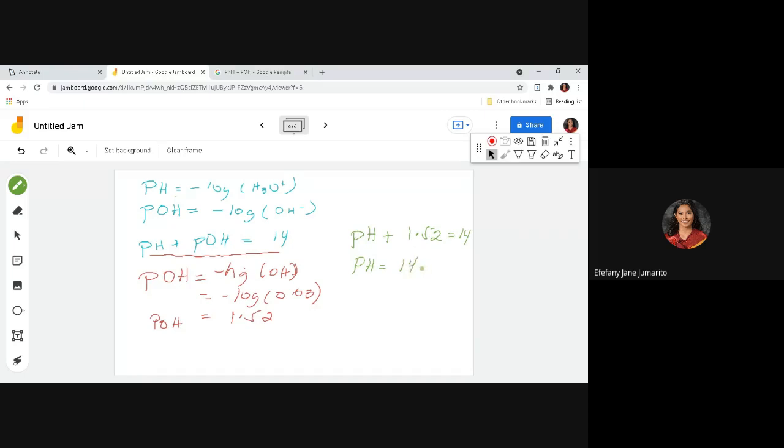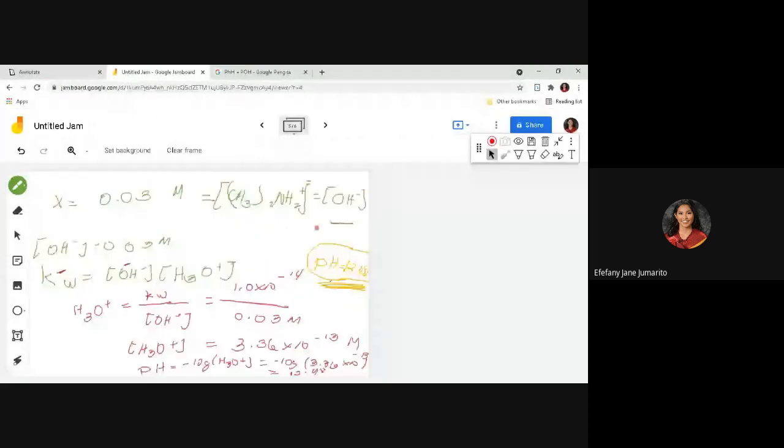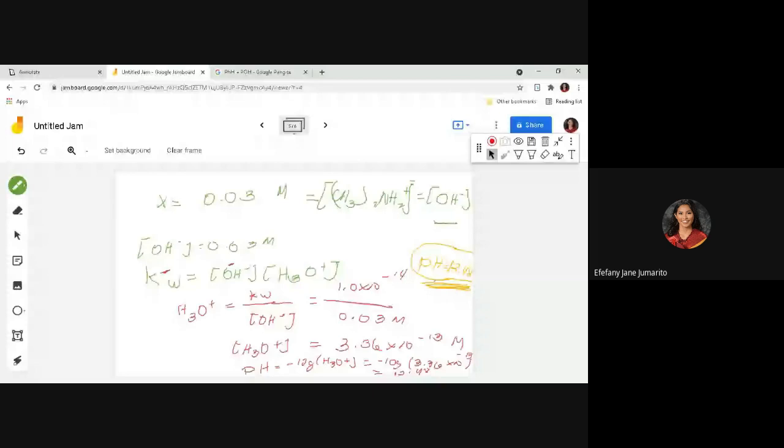So 14 minus 1.52 gives 12.48. So the pH, we got the same. Same as what we got earlier. Which formula to use? You can use either way.